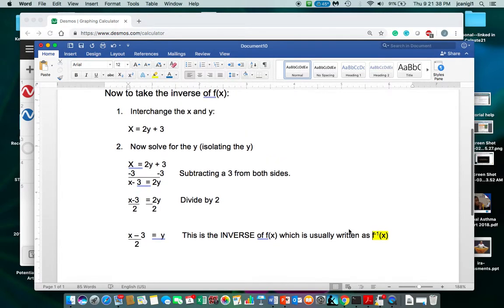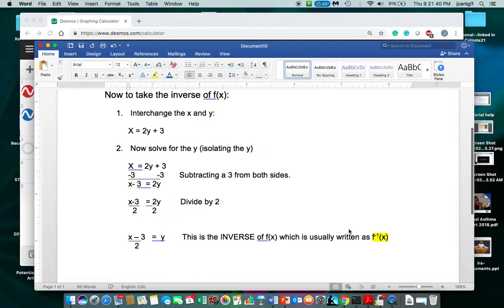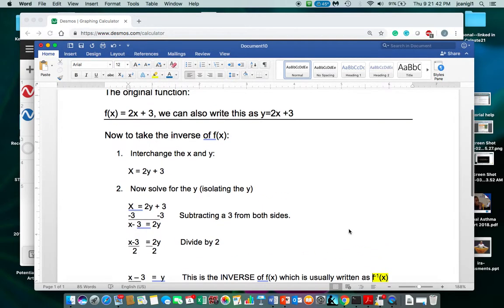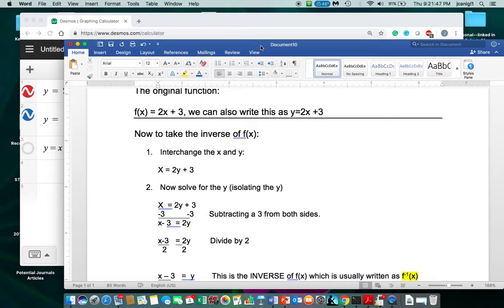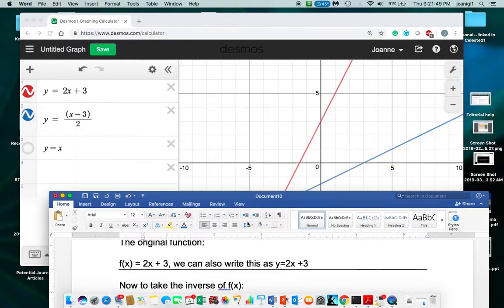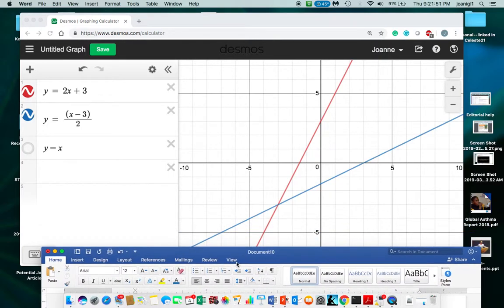So now let's take a look at this and let's graph both functions. I like to use the program Desmos. It's spelled D-E-S-M-O-S.